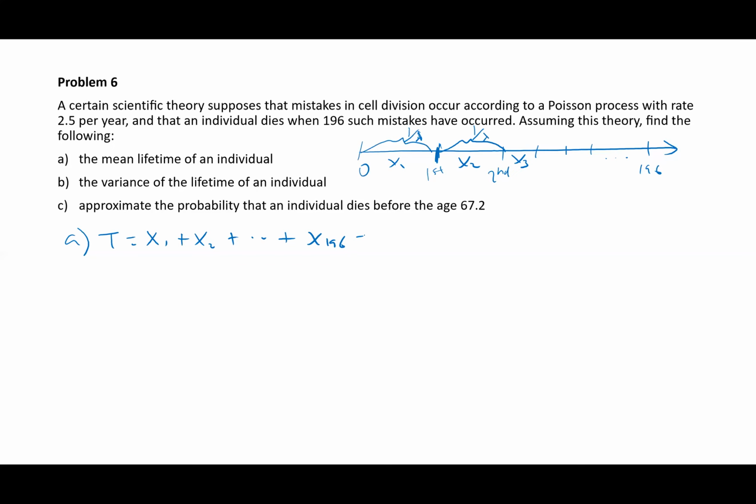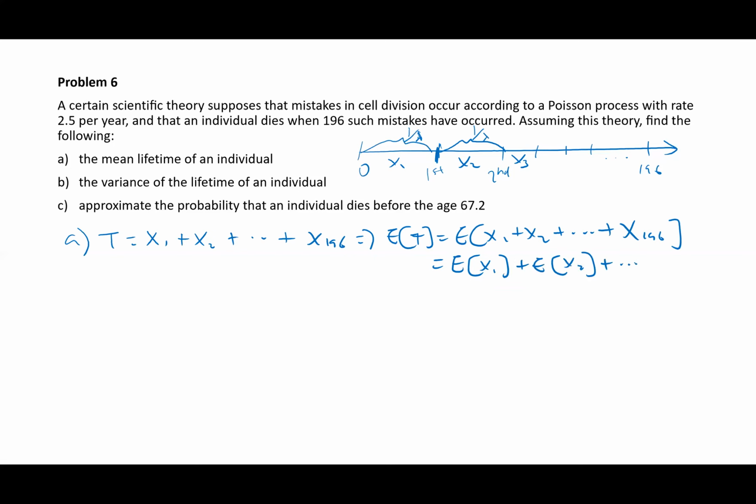So if I want to find the expected value of T, it's simply the expected value of X1 plus X2 all the way to X196. And I can break it down even further: expected value of X1 plus expected value of X2 plus the expected value of X196.